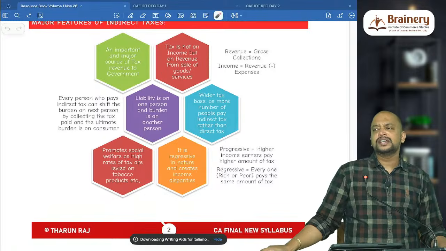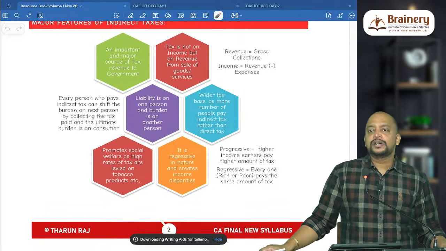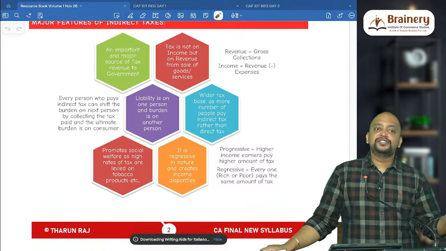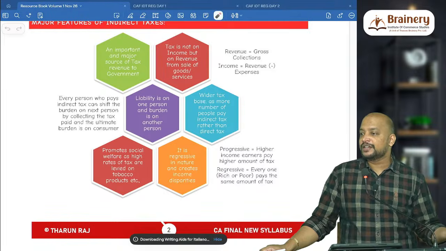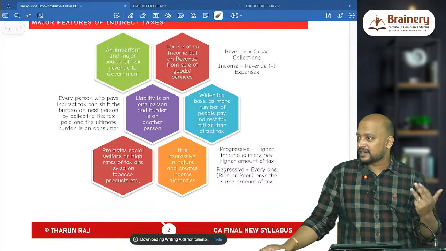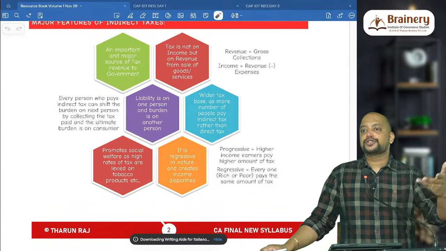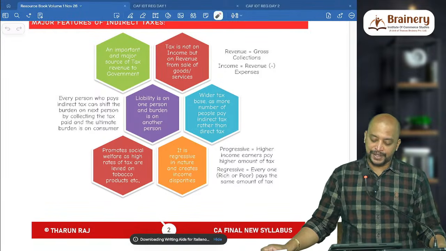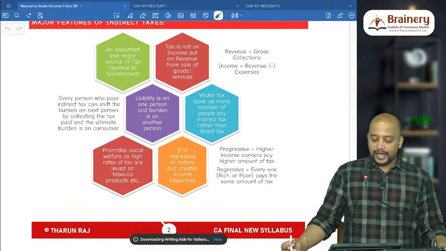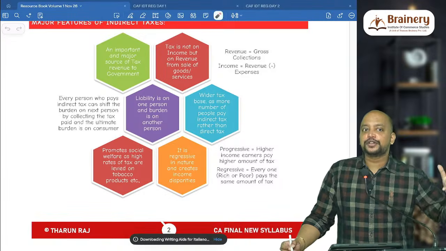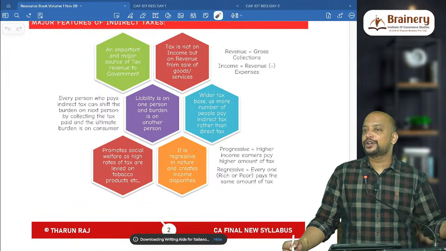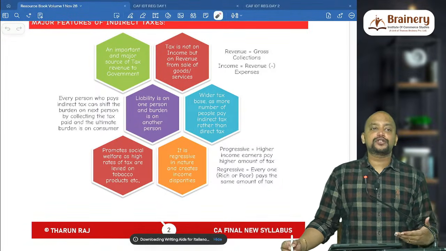Income tax covers very few people, because they may have a turnover, but if they don't have sufficient profit or income, they are not required to pay income tax, correct or not? But GST is not like that. GST is based on turnover, so naturally a lot of people will be covered. And it promotes social welfare. Yesterday I told you, on tobacco they are levying more and more taxes, because of which it will promote social welfare.